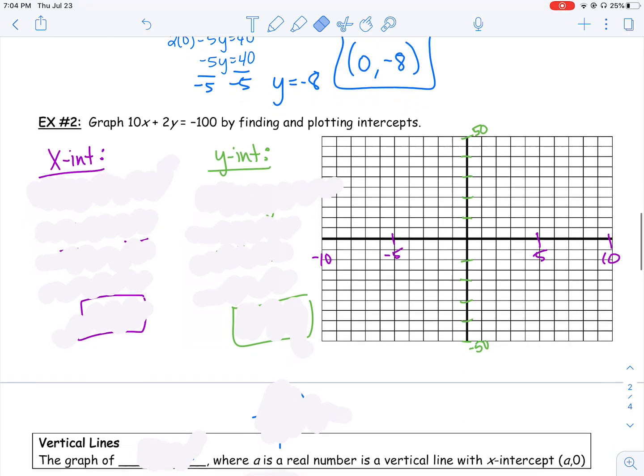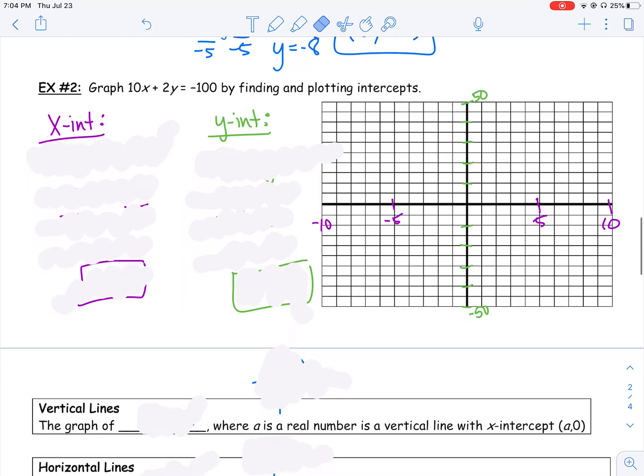All right, now let's add to that a little bit. Let's look at example number 2 and the equation 10x plus 2y equals negative 100. And let's actually graph this line by not finding a whole bunch of different ordered pairs, but let's actually find the x-intercept, the point where it crosses the x-axis, and the y-intercept, the point where it crosses the y-axis, and use those 2 points to graph it. So let's find the x-intercept, remember, by plugging in 0 for y, and let's find the y-intercept by plugging in 0 for x.